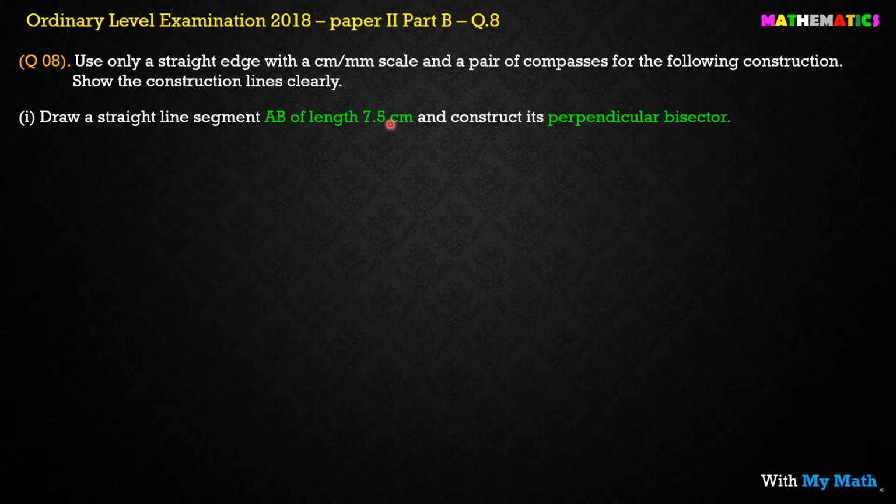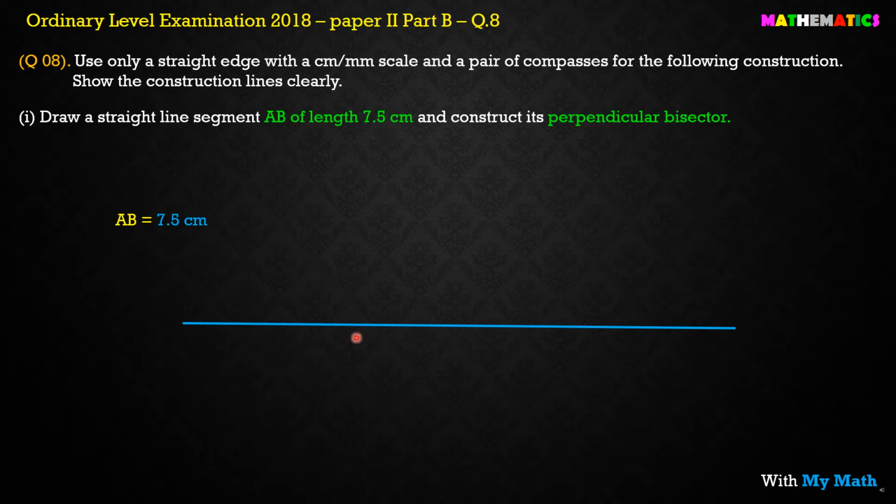Students, don't worry, you can do it very nicely. First of all, just draw a line using your ruler. Then put your pair of compasses on your ruler in order to take this measurement 7.5. Put your compass on the 0 line and to 7.5.